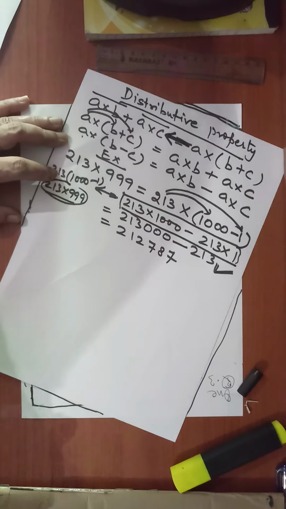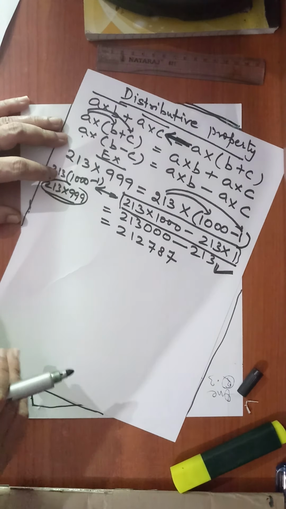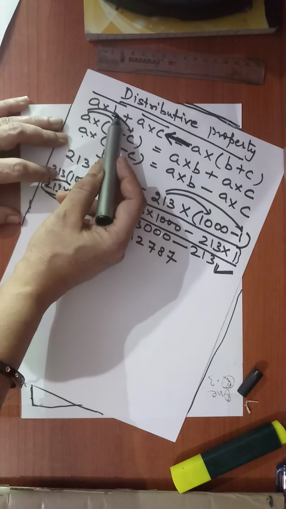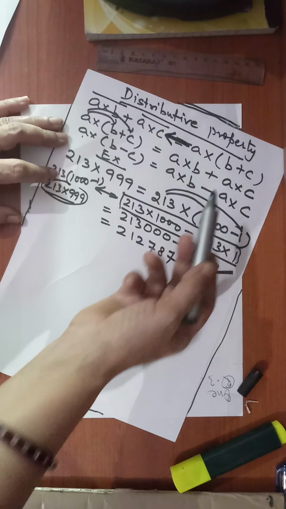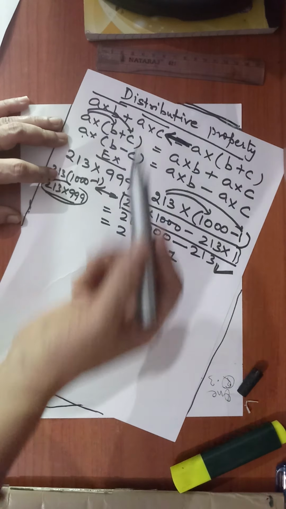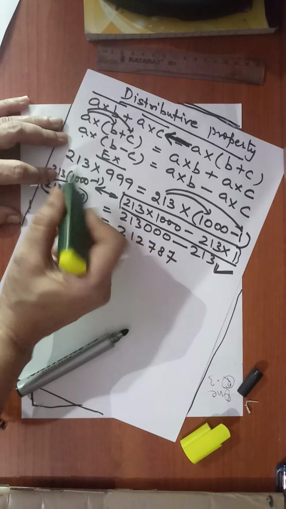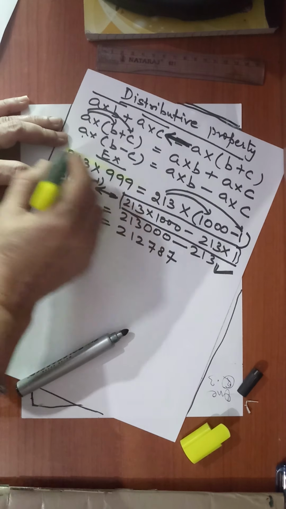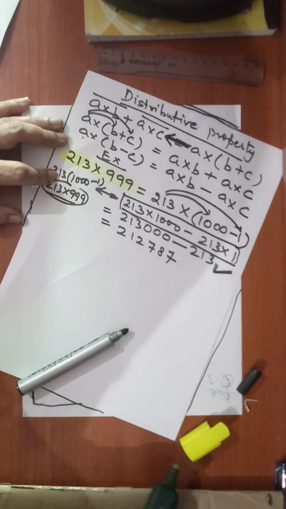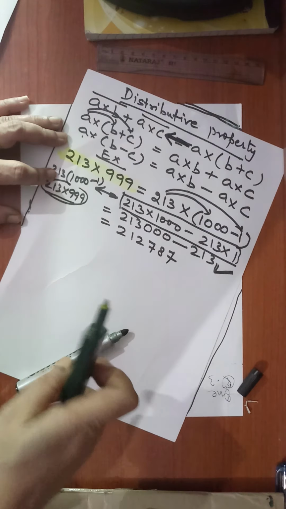Alright, this will become more easier. So depending on the situation, sometimes we go from this step to this step, and sometimes we go from this step to this step. And here we can see in this particular question, expansion became more easier.